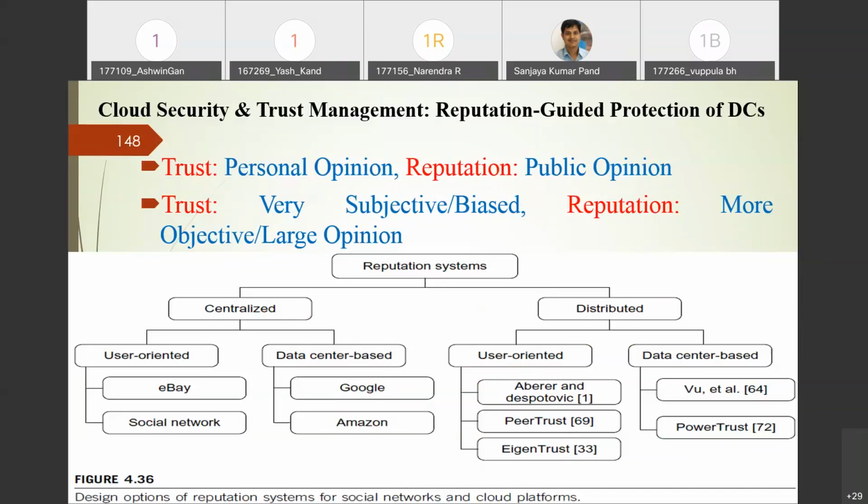So there you are not going by your own opinion. Your opinion is now dependent on the public view. The entire public is saying this product is good, or this product has 4.5 out of 5, then you are attracted to that product and you say yes, that is a good product, right?